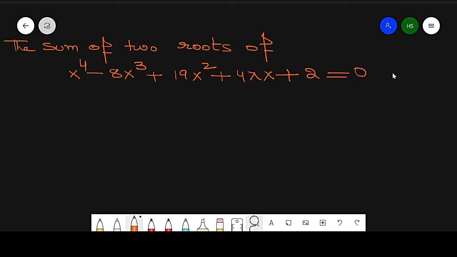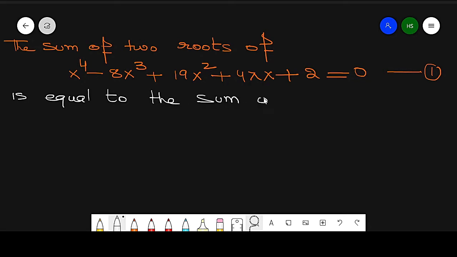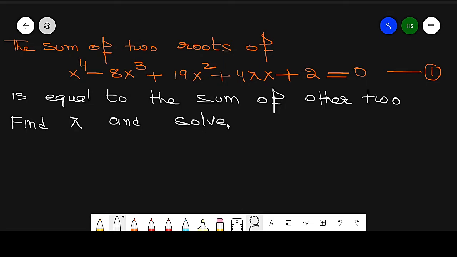So this biquadratic equation has 4 roots. The sum of two roots is equal to the sum of the other two. Find lambda and solve the equation.